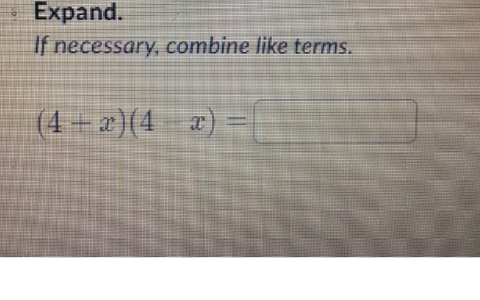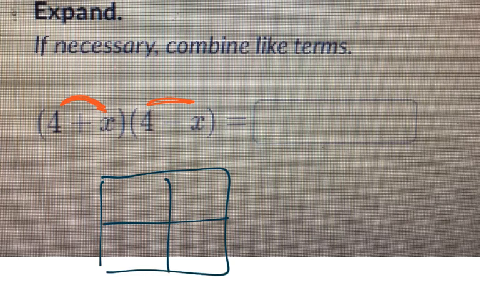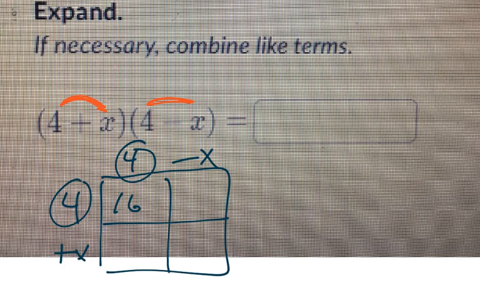Okay? Now, guys, let's just do one more, and we'll call it quits here. Now, notice how they have the number and the x's backwards. No big deal, guys. Set up your box, and just go in the order they gave it to us. 4 plus x, 4 minus x. We know 4 times 4 is 16.